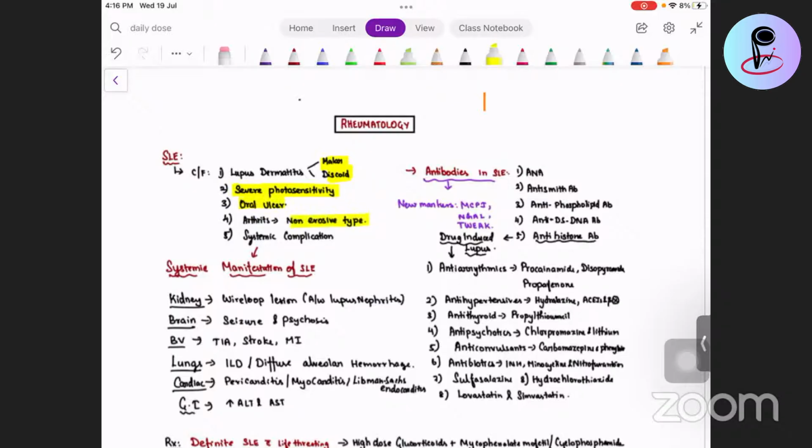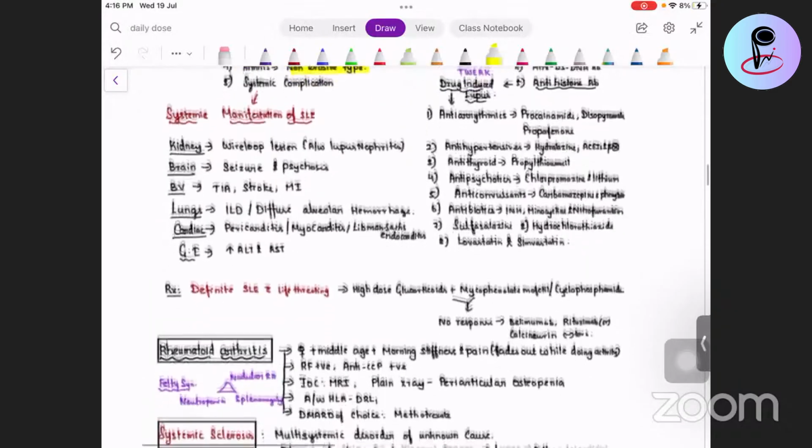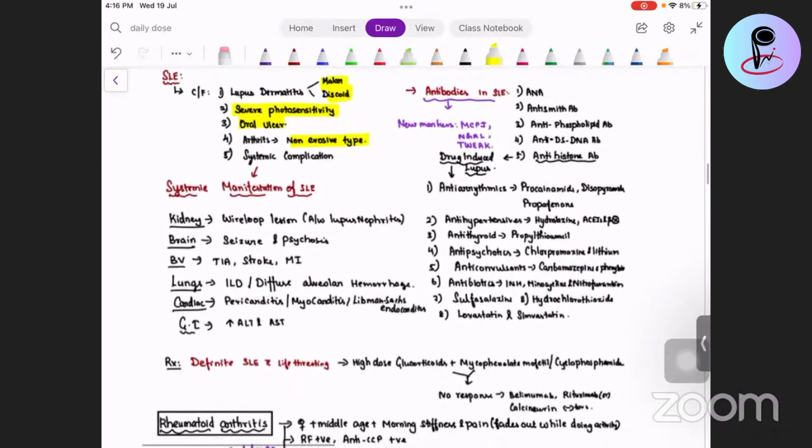Apart from that, several systemic complications. Wire loop lesion is associated with lupus nephritis. In the brain, it can produce seizure and psychosis.